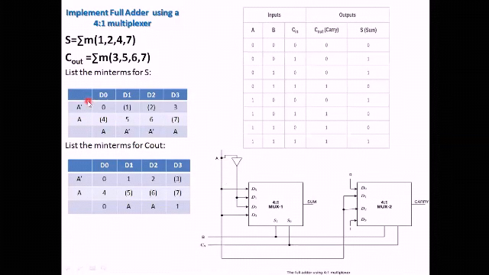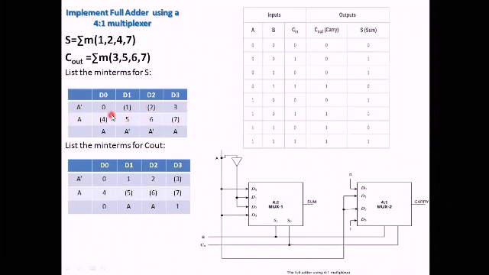Now we are listing the min terms for sum. There are four inputs D0, D1, D2 and D3, and this one is A and A bar. We are making a table like this. There are 8 boxes, which means 8 min terms, starting from 0, 1, 2, 3, 4, 5, 6 and 7.